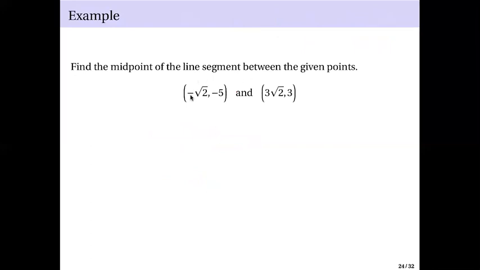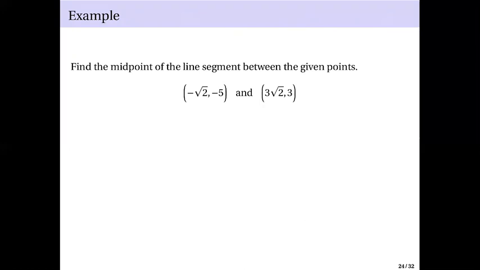Midpoint between negative square root of 2, comma negative 5 and 3 square root of 2, comma 3. So for this, you have M equals.